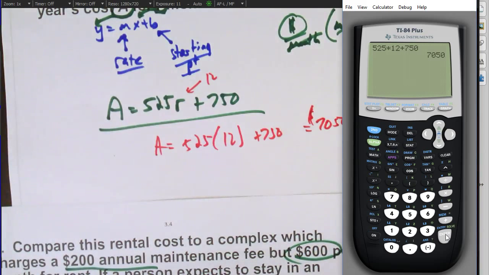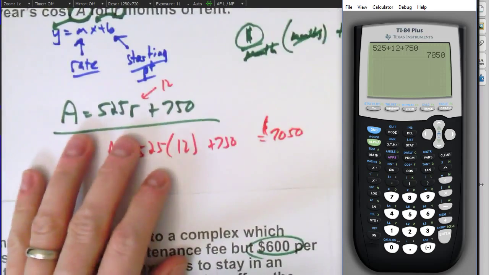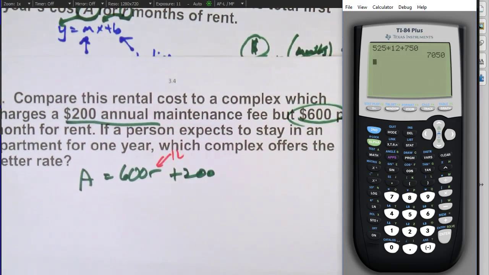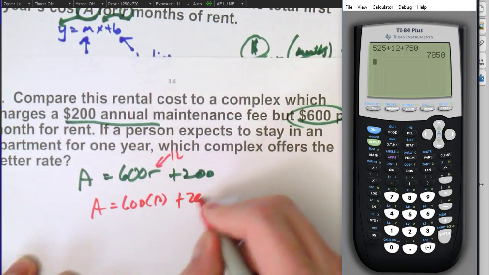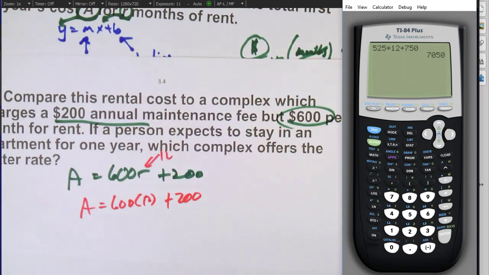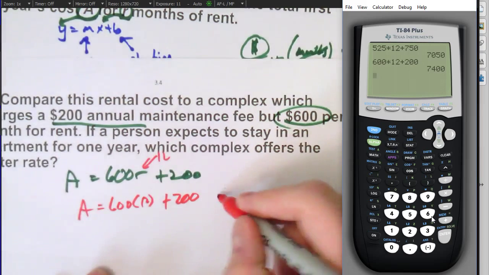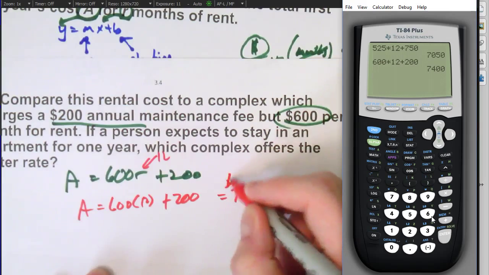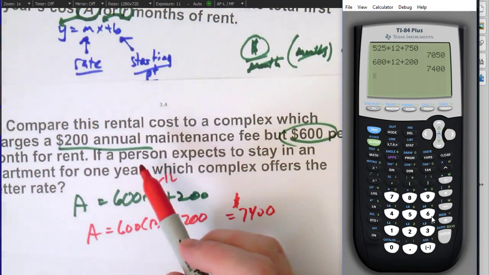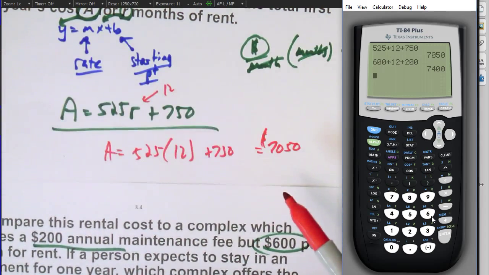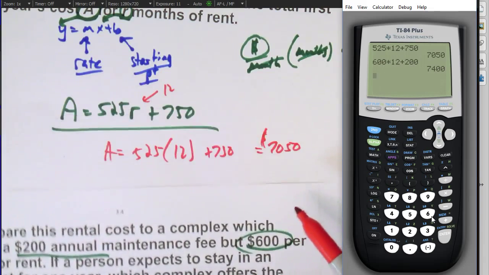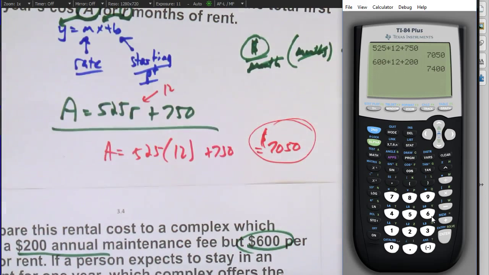The other one is going to be 600 times 12 plus 200, which is $7,400. So even though this one has the lower annual maintenance fee, because the monthly rent is a little more expensive, over the course of the year it ends up being the more expensive apartment. So we'd really want to go with the $7,050.